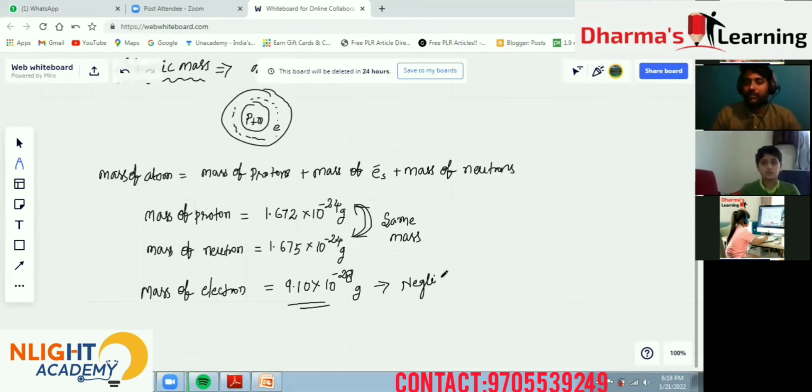So how can you compare this? I'll give the same example again. If you are weighing a brick on the weighing machine, and accidentally some cotton fell on the brick and you did not notice it, you got the weight of the brick, some 2 kg.